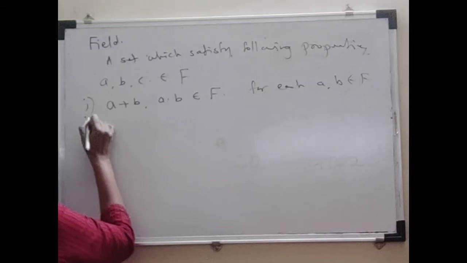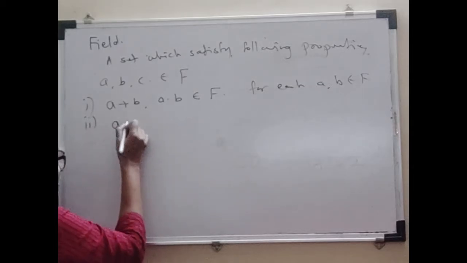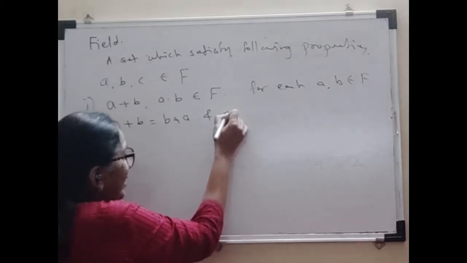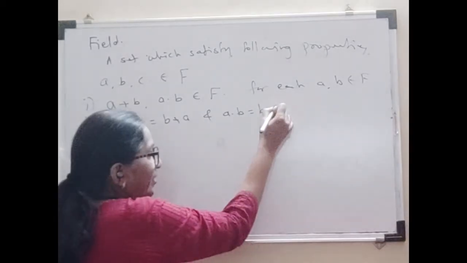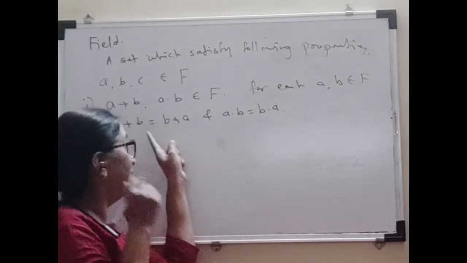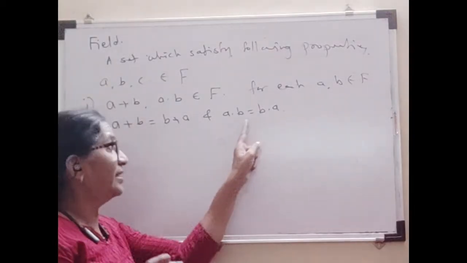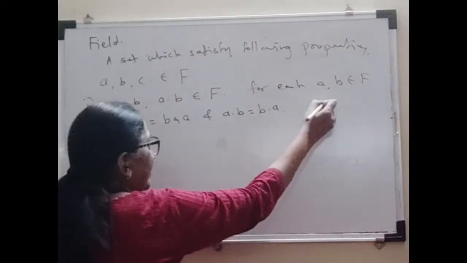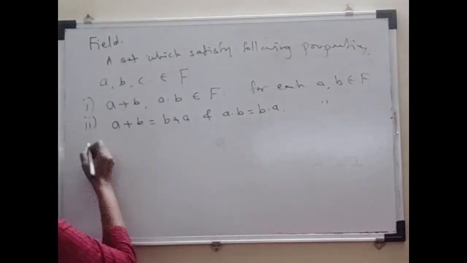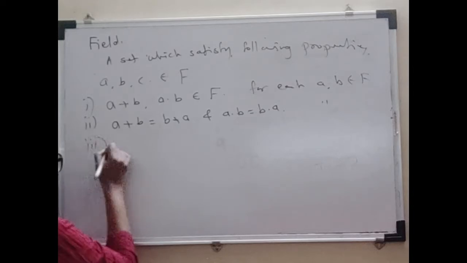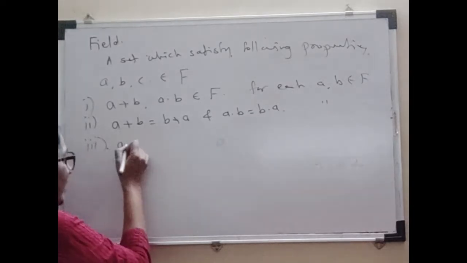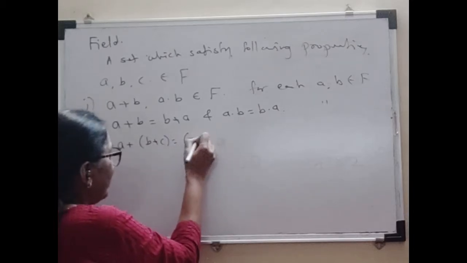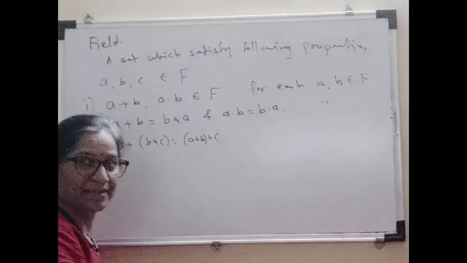Then second one, commutativity. That is a plus b should be equal to b plus a, and a into b should be equal to b into a. This is commutativity with respect to addition, and here it is commutativity with respect to multiplication. Again it is for each a and b belonging to F. Then third one, associativity. a plus b plus c should be equal to a plus b plus c, grouped either way.